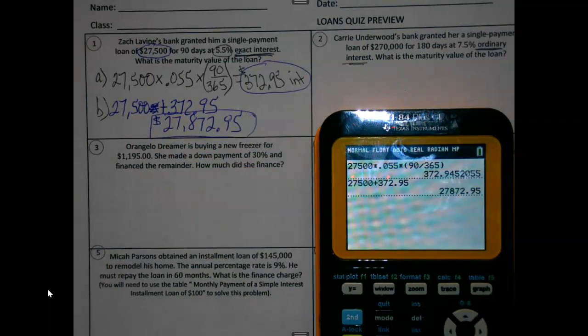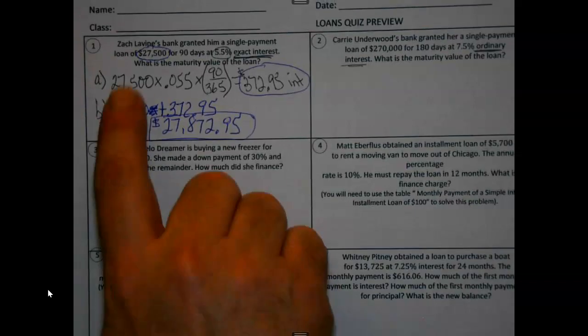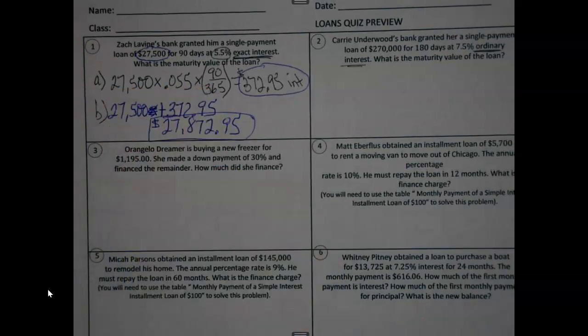And the maturity value of the loan, which includes interest and everything else, would be that $27,872.85. So it's 2 steps basically. Calculate the interest, principal times rate times time, and then just add the interest to our original total.